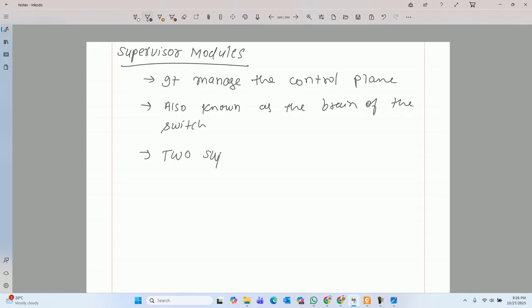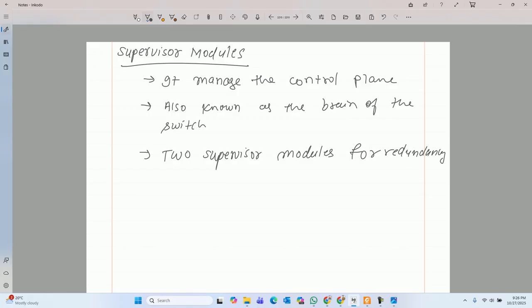You have two supervisor modules for redundancy in our Nexus switches. It will handle control plane policing, system management, configuration synchronization, monitoring, and also software upgrades.